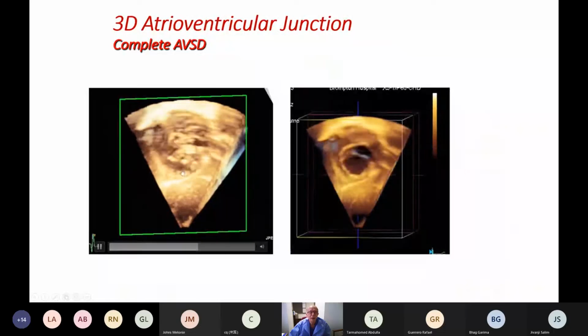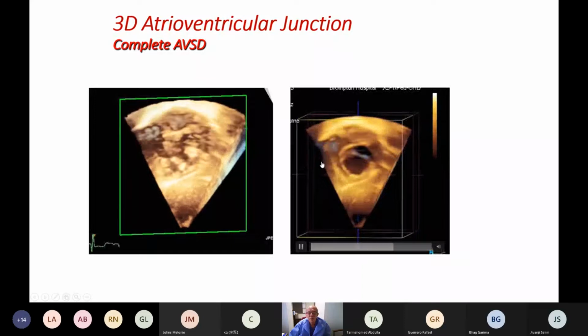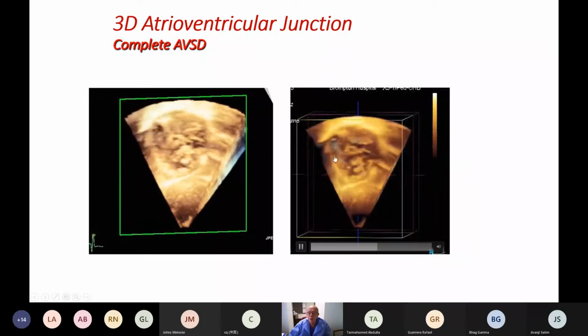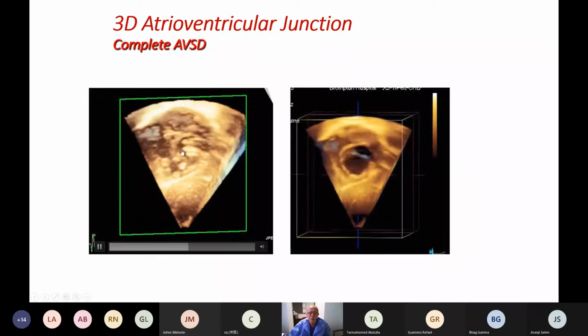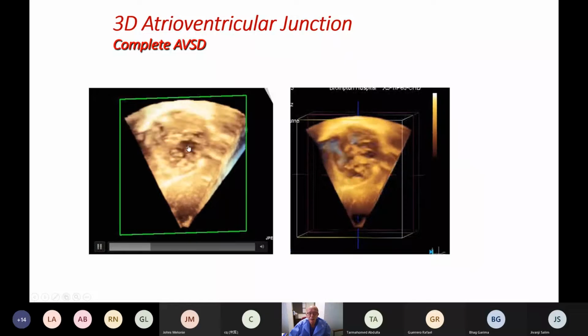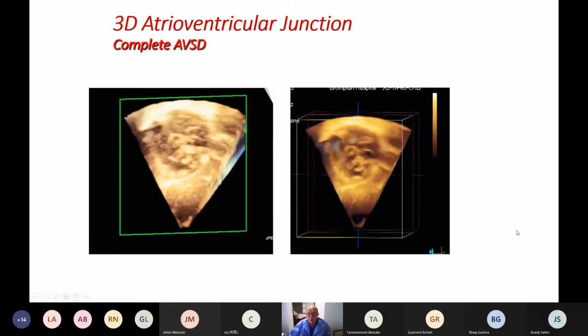This is an equivalent, not the same patient, 3D echo across the AV junction. It kind of shows the common AV junction and the common AV valve with its slightly thickened leaflets, but it's not so helpful because we're looking for good quality in infants, which is not achieved by the adult 3D probe, but it'll come.